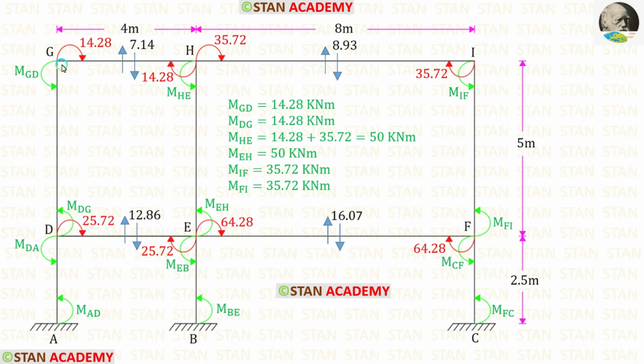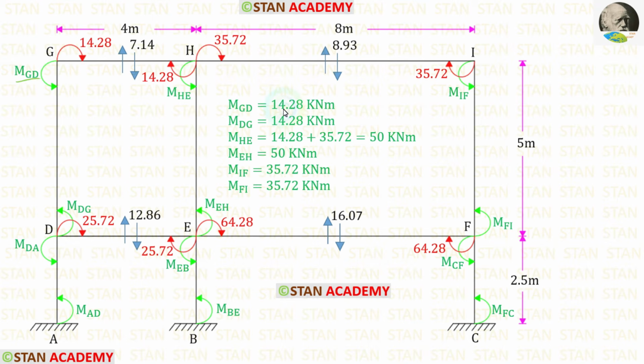Now let us find the moments in the member GD. G is a joint. It is connecting the members GH and GD. In the joints, the summation of the moments will be 0. That means these two moments will be having the same value, but they will be acting in the opposite directions.